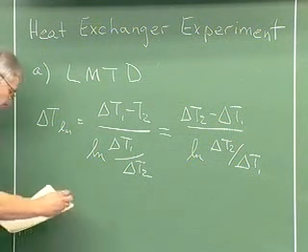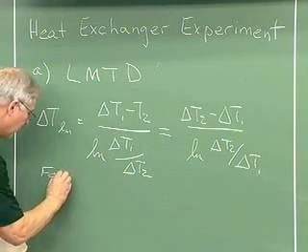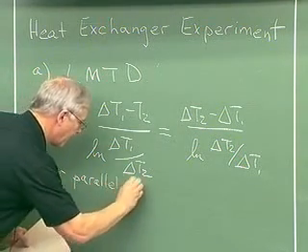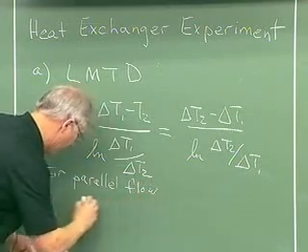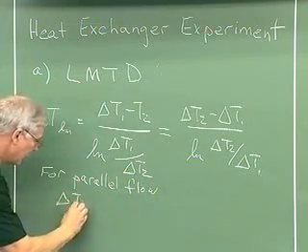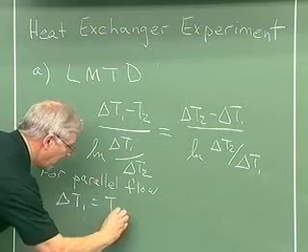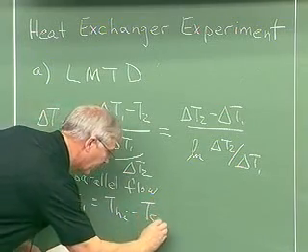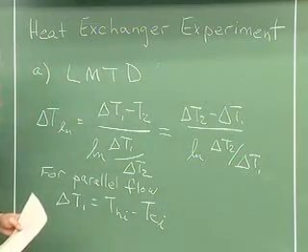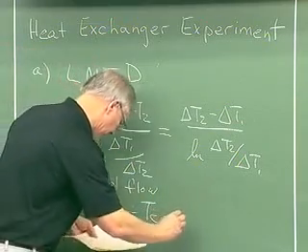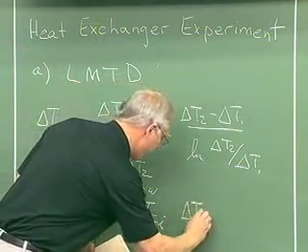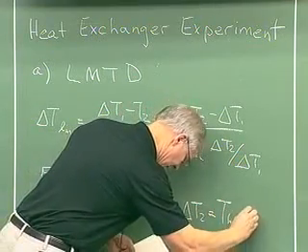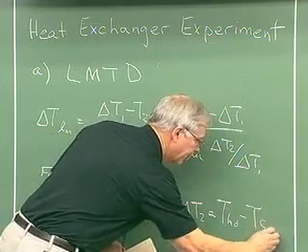All right. For parallel flow, we have that delta T1 equals T hot in minus T cold in, and delta T2 is equal to T hot out minus T cold out.